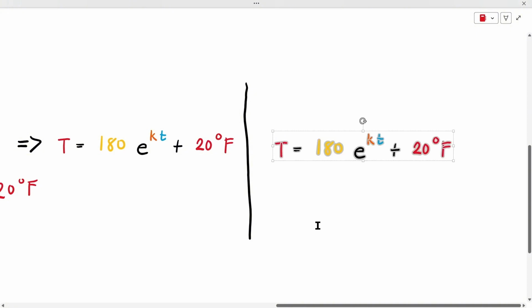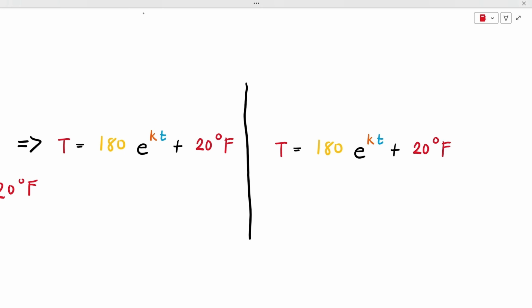Using this formula, let's use the given that at time 15 minutes the temperature is 50 degrees Fahrenheit.